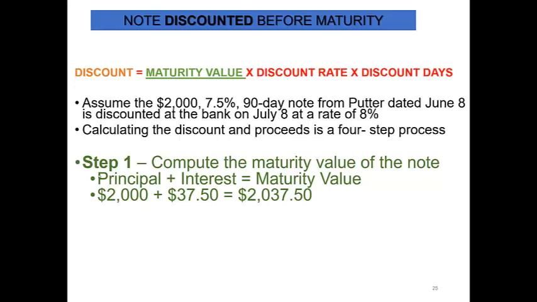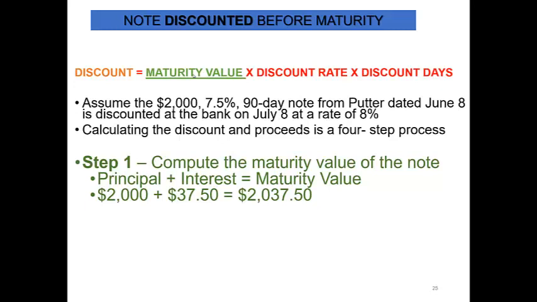The formula for calculating a discount is maturity value times the discount rate times the discount days. So assume the $2,000 7.5% 90-day note from Putter dated June 8th is discounted at the bank on July 8th at a rate of 8%. Okay, so the maturity value is pretty easy to calculate.